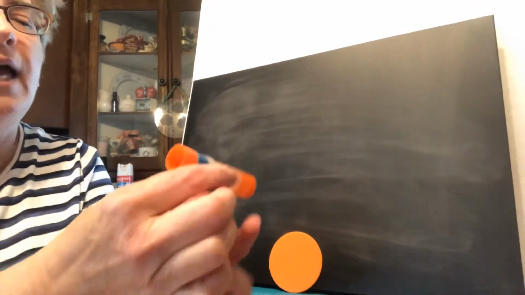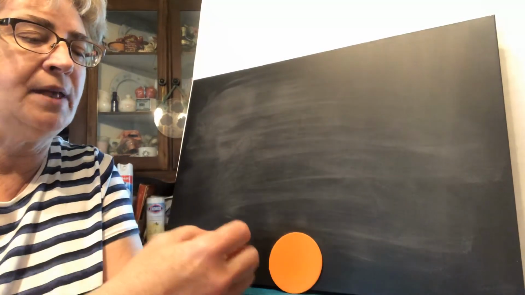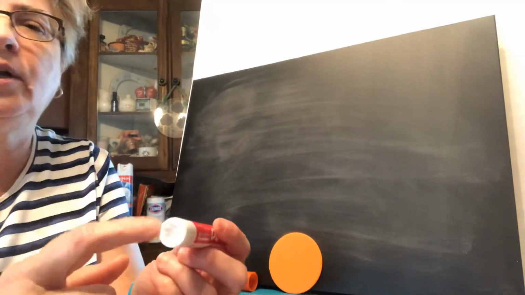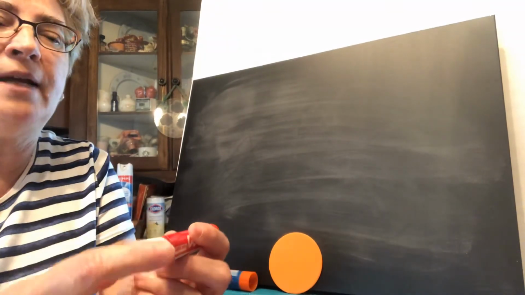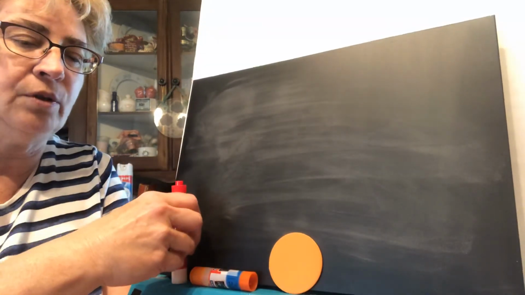So I have right here on my table, I have a glue stick. And do you see how at the end of my glue stick, there is this circle shape, right? I have something with a circle shape on my glue stick. Oh, I noticed that on my marker, I have a circle shape at the end of my marker. I can use that also as something with a circle shape.